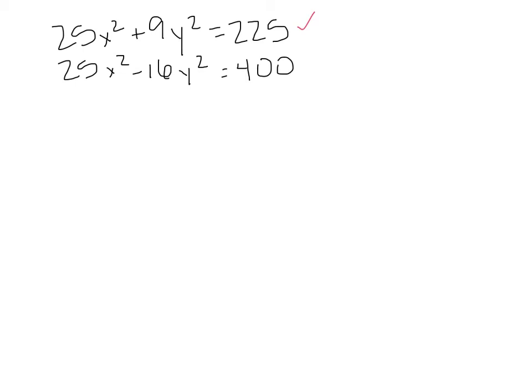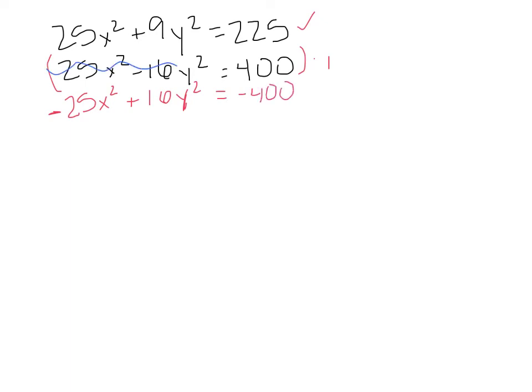We have x squared, we can cancel some of those out. So I'm going to choose to multiply the second equation by negative 1. So this means I have negative 25x squared, positive 16y squared, and this equals negative 400.